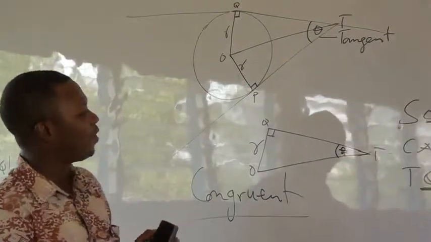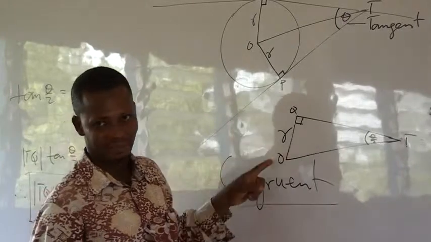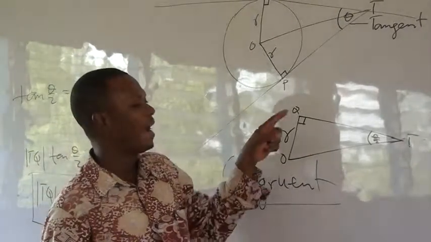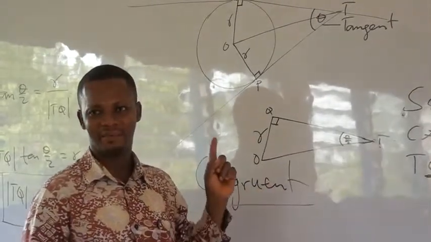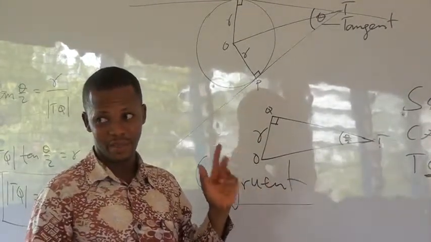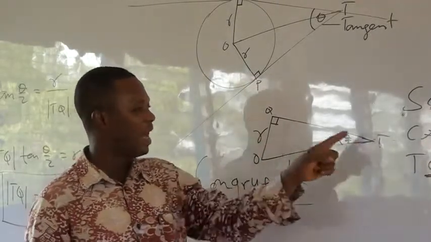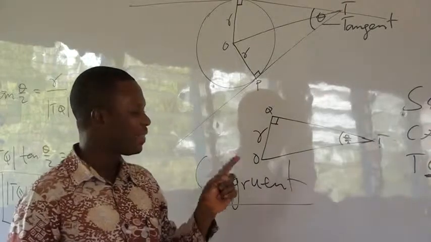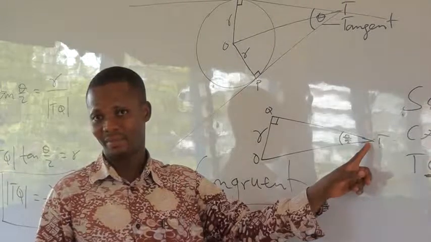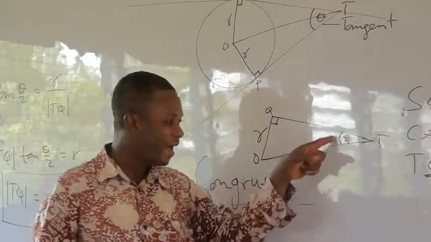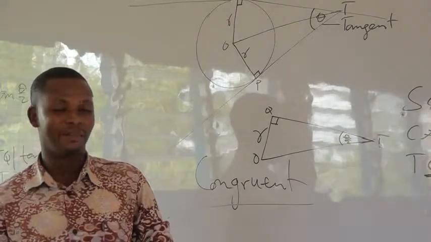Fine. If this is understood, then it also follows that if we know the radius and know one other side, it could be the length of the tangent. Are you with me? If we know the radius and we know the length of the tangent, or the distance between the center and the point of intersection of the tangents, then we can also find the angle that the two tangents make with each other, isn't it? What will that give us?